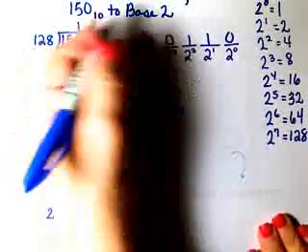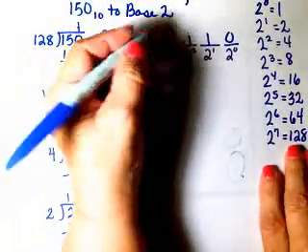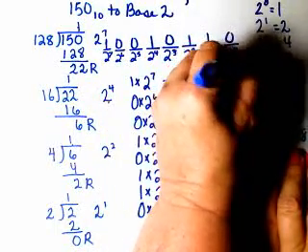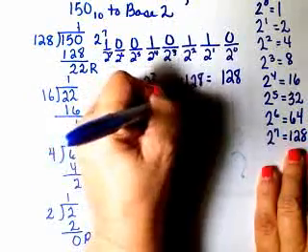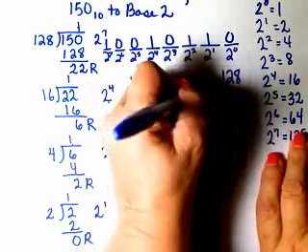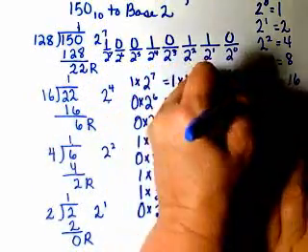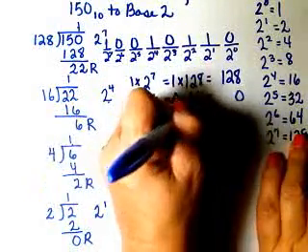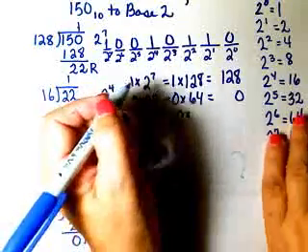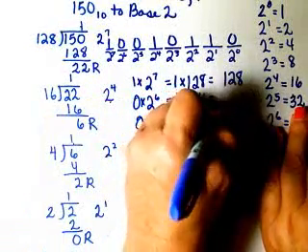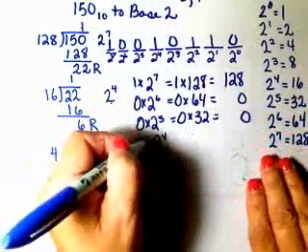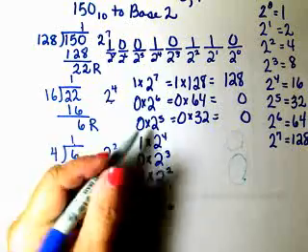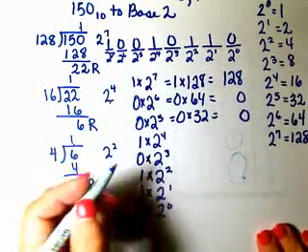Alright, so we have 1 times 2 to the 7th, which is 128. The next one is 0 times 64, which is just 0. The next one is 0 times 2 to the 5th, which is 32. Now, granted, you don't have to do all this because you know these zeros. Anytime you multiply anything times 0, you don't have to really do the math in the middle because you know the answer is going to be 0.